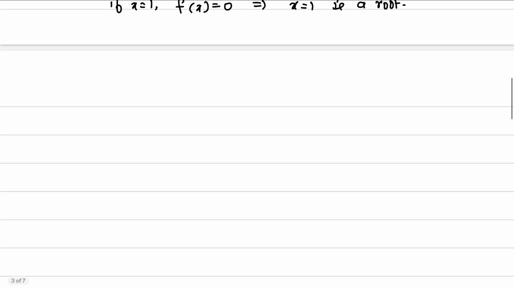Now, if x is equal to 2, f(x) is equal to 3 square minus 2 into 2 minus 1, that is equal to 9 minus 4 minus 1 is equal to plus 4.